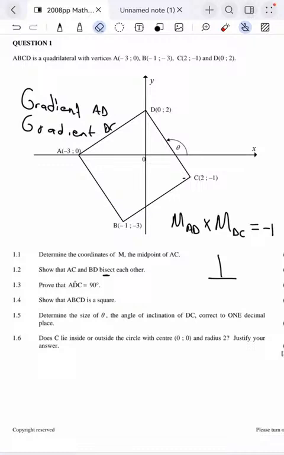So let's proceed. We say we're looking for the gradient of AD and the gradient of DC.